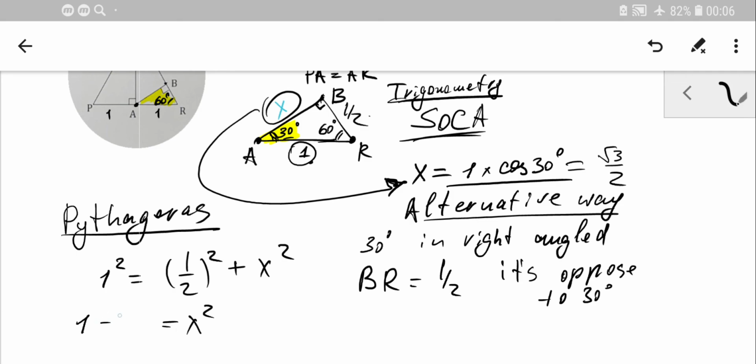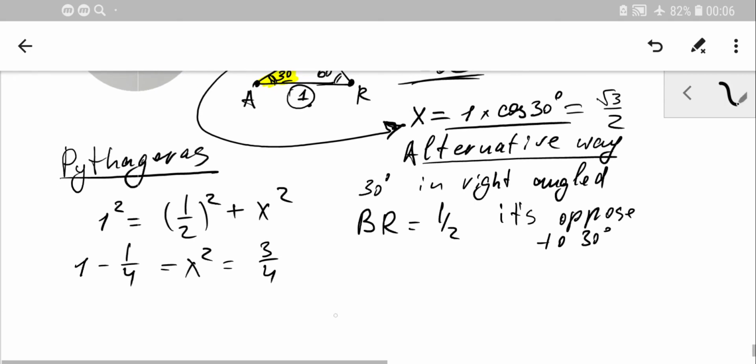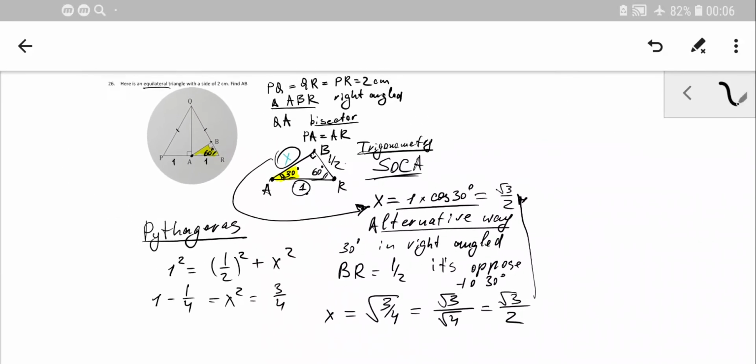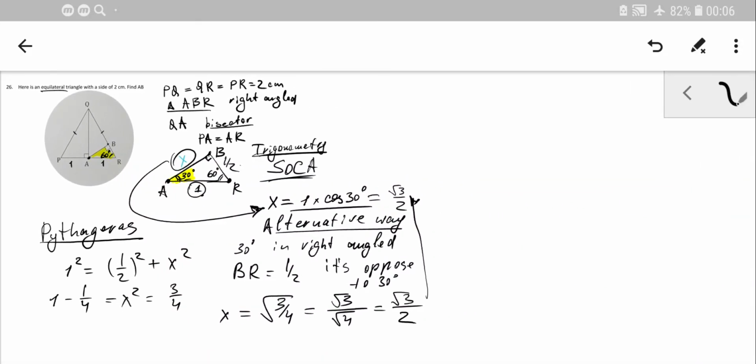You'll get 1 minus 1/4, which is 3/4. Now we take the square root, so it's the square root of 3/4. The square root of the fraction is the square root of both parts, so we get square root of 3 over 2, and we arrive at the same answer. Or you can simply use a calculator, but I can do it manually.